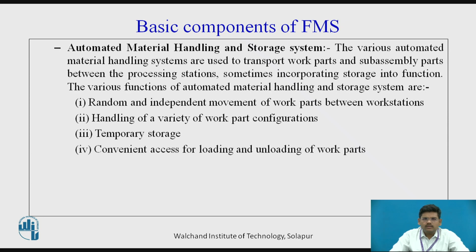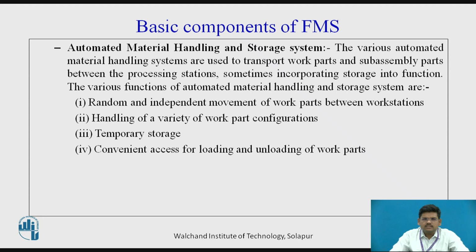The second component is the automated material handling and storage system, also called the automatic storage and retrieval system. These are the various automated material handling systems used to transport work parts and sub-assembly parts between the processing stations, sometimes incorporating storage into the function.